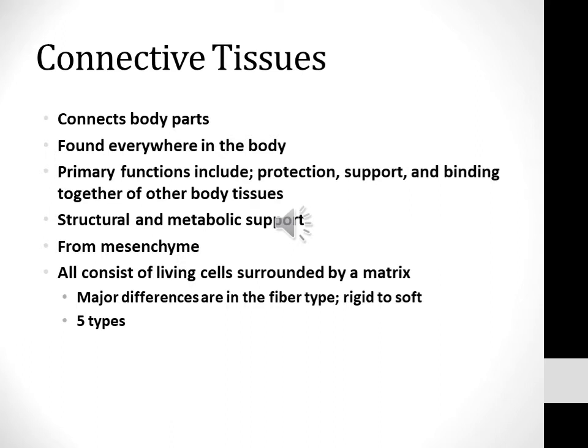They all develop from what's known as the mesenchyme, your common embryonic tissue. All of your connective tissues consist of living cells surrounded by a type of matrix, and the differences between them move from rigid to soft. There are five main types, and we're going to go through those after we talk a little more about some special characteristics.